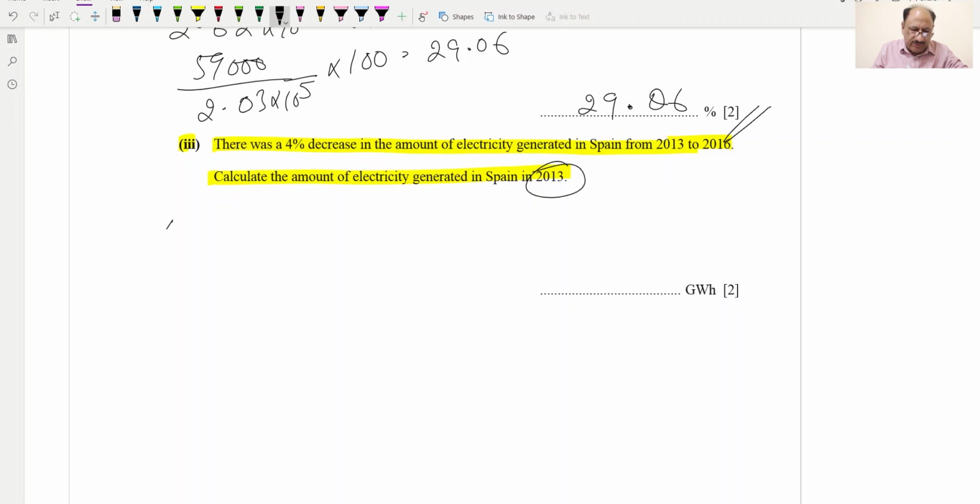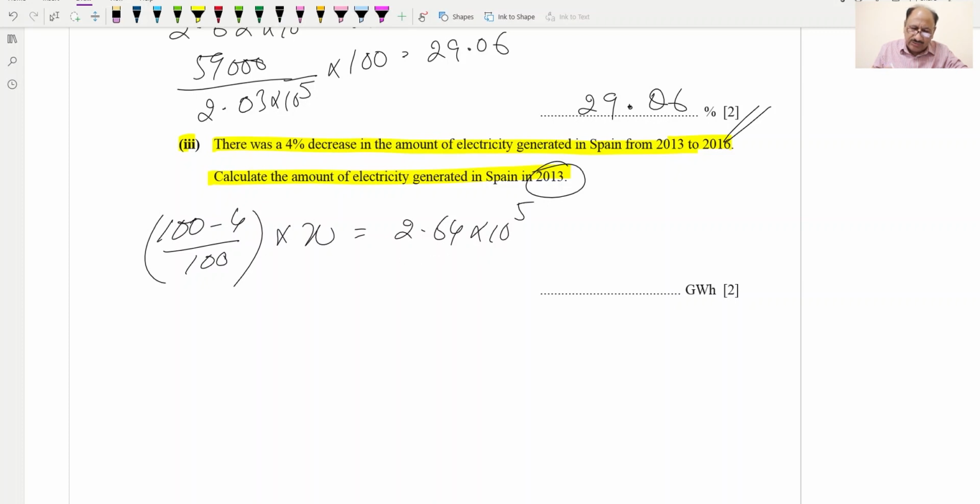So 4% decrease, we will be writing 100 minus 4 and divided by 100. This is how we are decreasing percentage, and multiply by x is equal to 2.64 into 10 raised by 5.